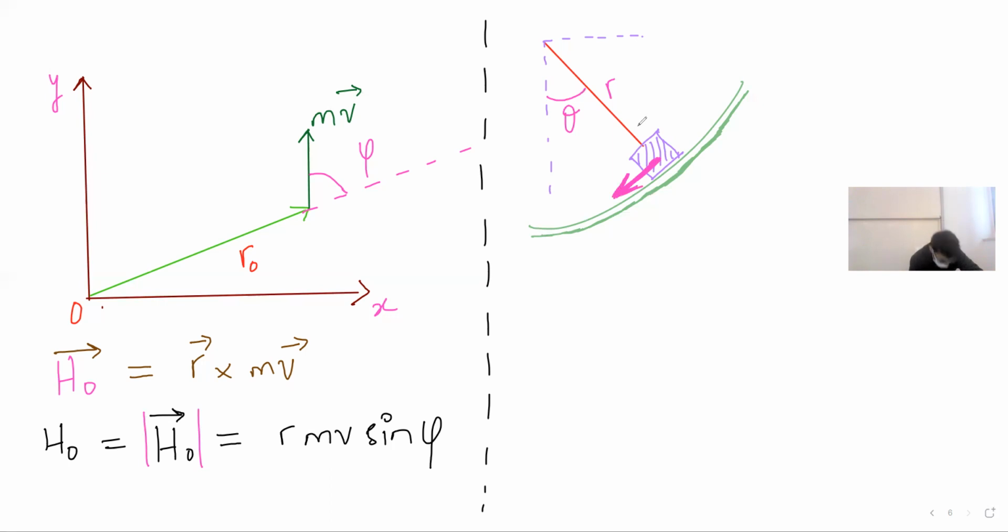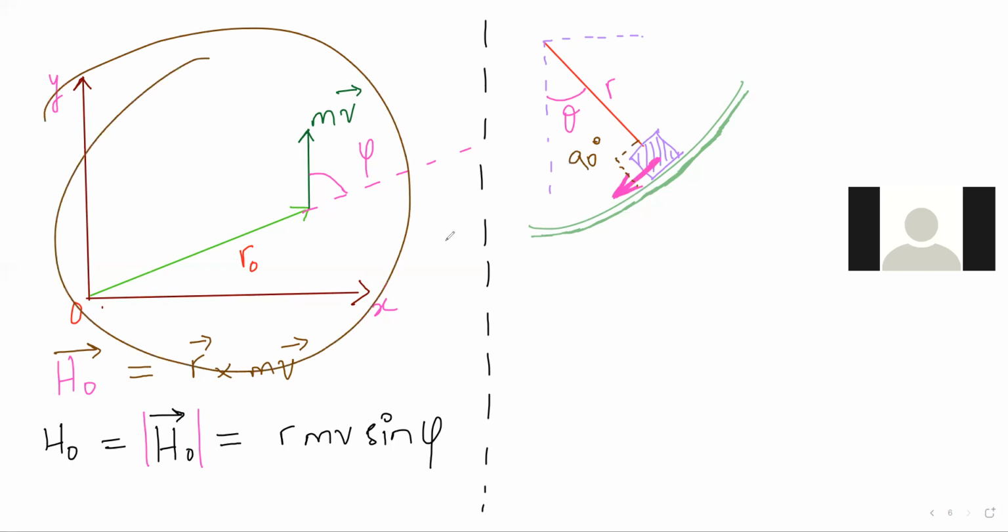By the way, what will be the angle? The angle appears to be 90. It's pretty obvious that for this problem, I have a 90-degree angle. Now, Hojam, for the first one, yes.